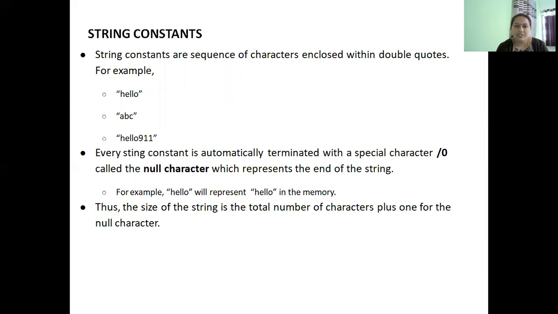Every string constant is terminated by a null character called \0, and the size of a string is always considered by taking into account the total number of characters plus one for the null character. Whenever we write a combination of characters within double quotes, they are treated as one unit, as a string, and in memory they are represented as those characters itself.